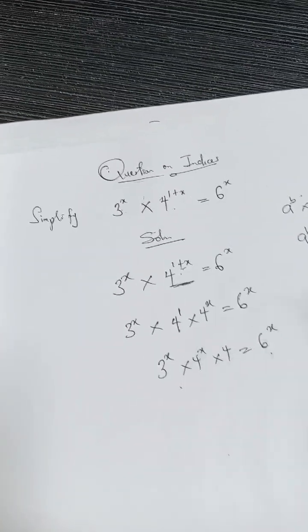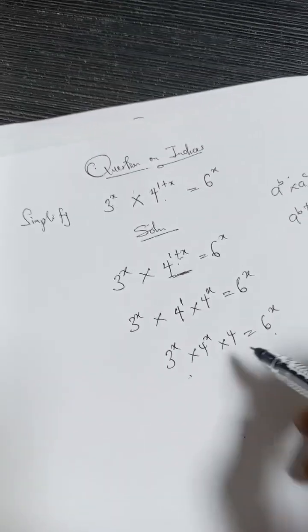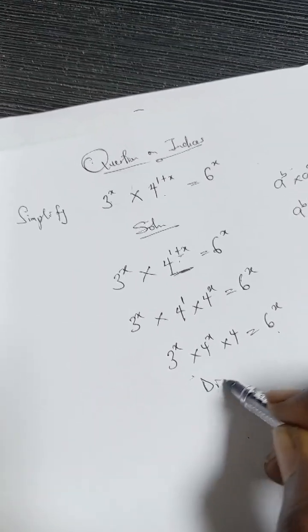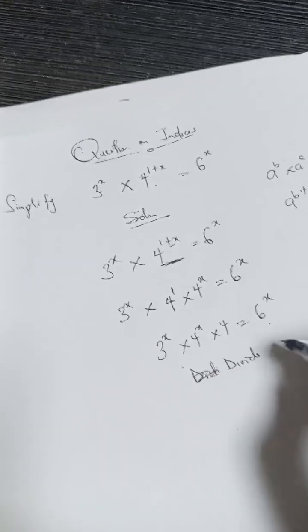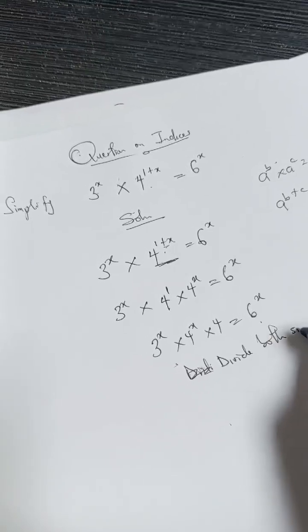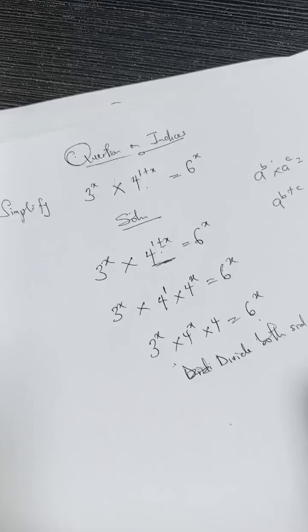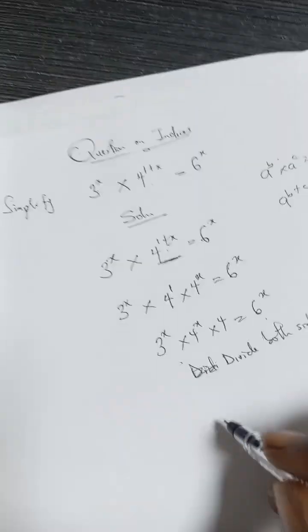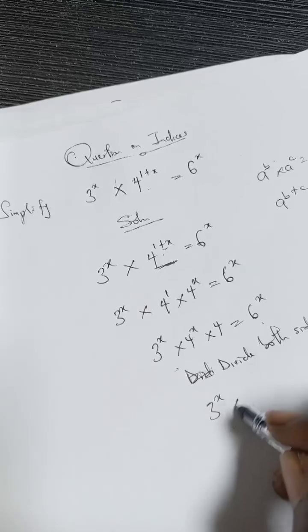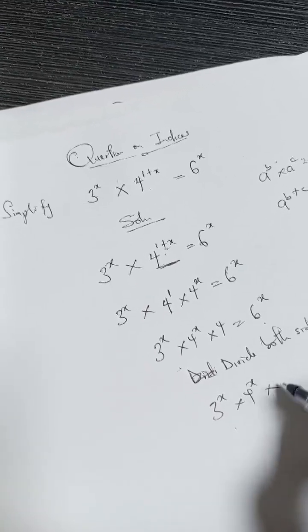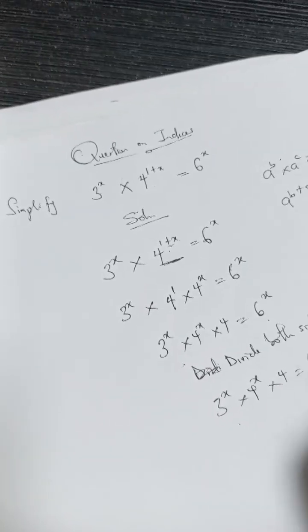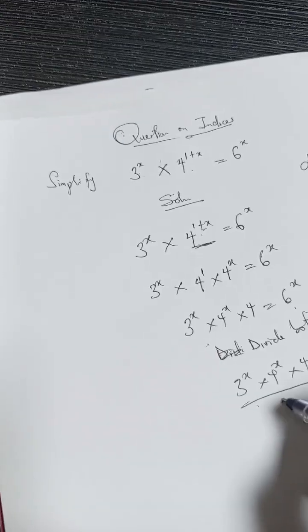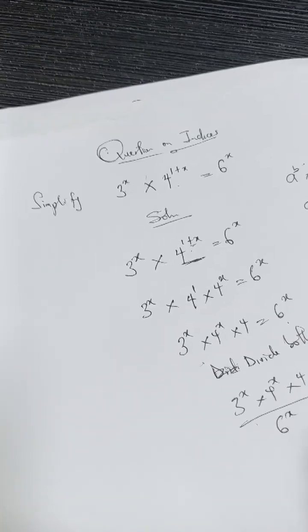First, let's take this 6 raised power x. We divide both sides by 6 raised to power x. So we have 3 raised power x times 4 raised power x times 4 equals 6 raised power x divided by 6 raised power x.